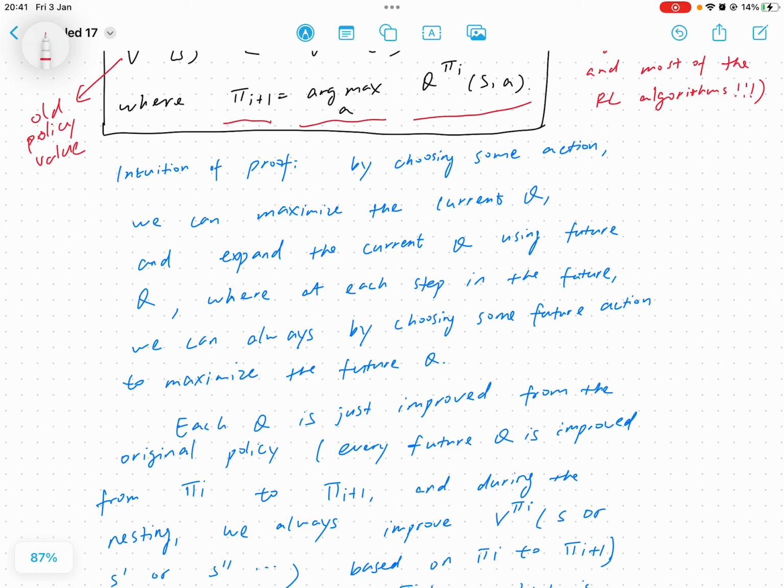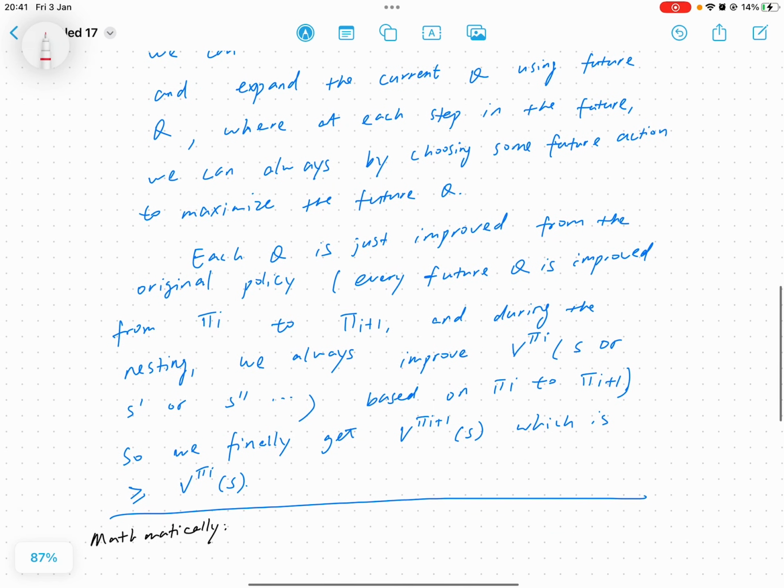But be careful that all those future Q values have the same superscript pi I. It means that each Q, no matter whether it's current or future, is just improved from the original policy pi I. In brackets here, I said that every future Q is improved from pi I to pi I plus 1. We do not have pi I plus 2 or pi I plus 3.